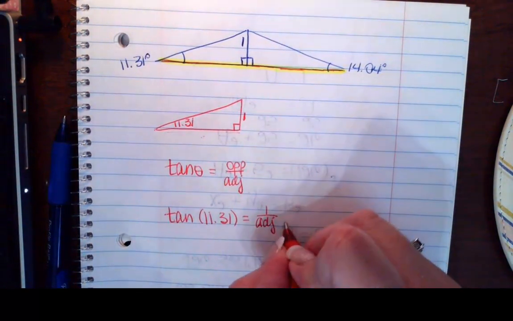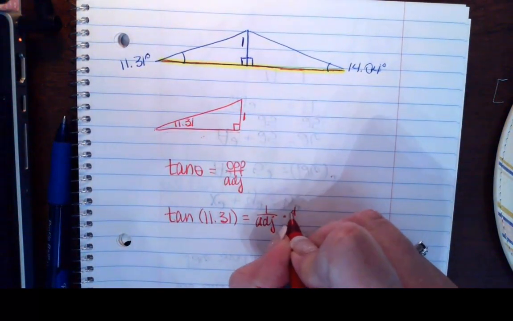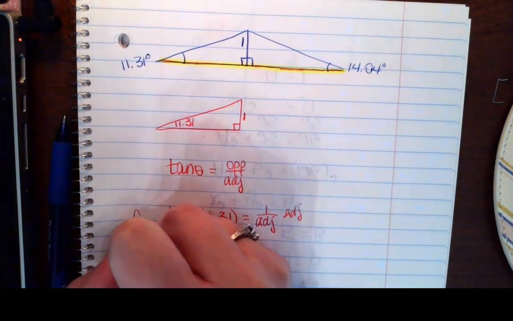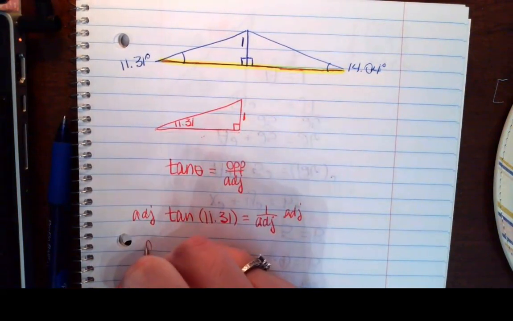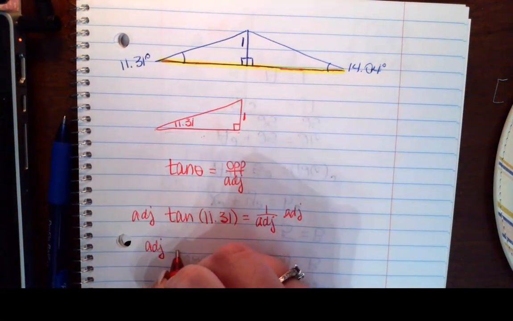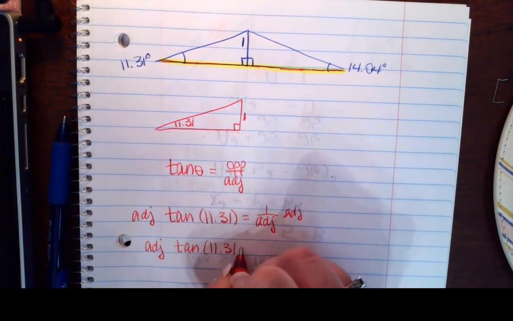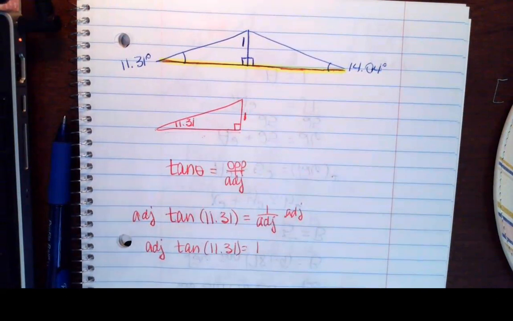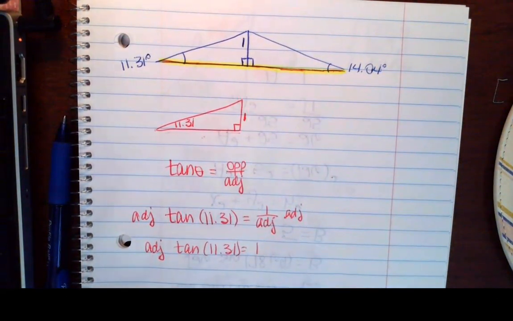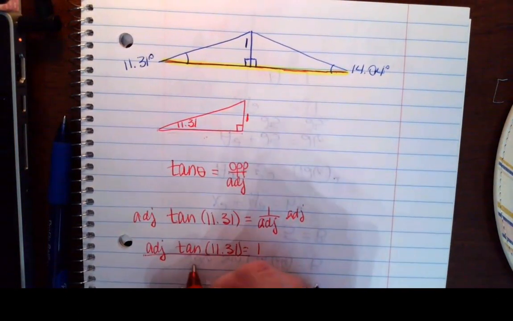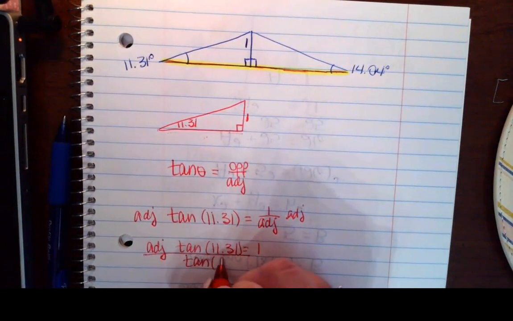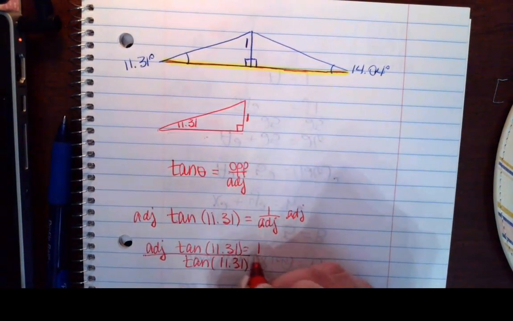So I am going to multiply both sides by the adjacent. So I have the adjacent side is the tangent of 11.31, and that equals 1. And now I'm going to divide both sides by the tangent of 11.31.